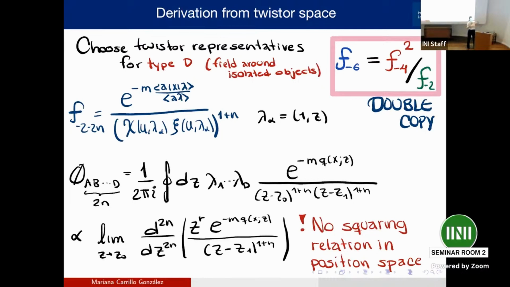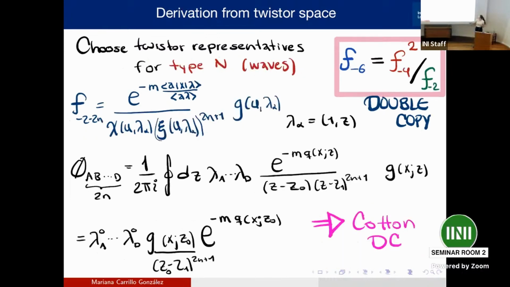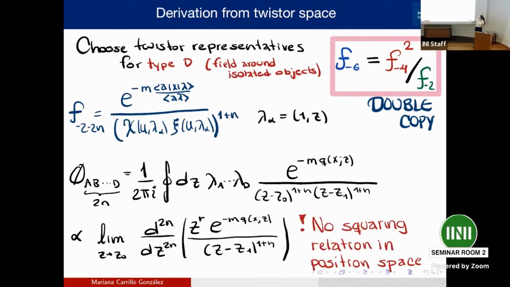Before you had a Fourier transform, and you needed the convolution to turn into a product. Here you have a Penrose transform, and it's not trivial that the Penrose transform, once you perform it, will give you a simple square again in coordinate space. So there are only special classes of classical solutions where this happens, and it seems that it's only wave solutions and not anything more general like black hole solutions. Yes.